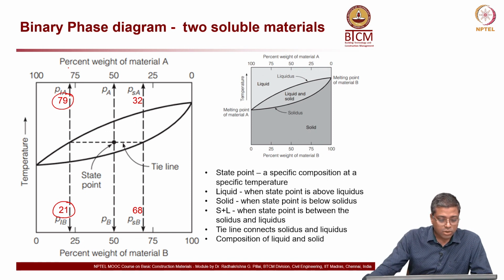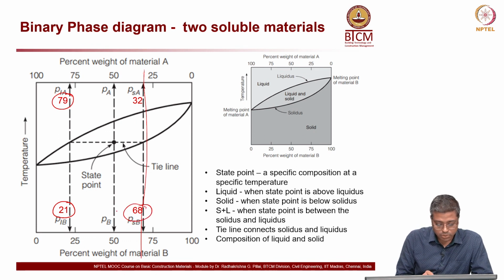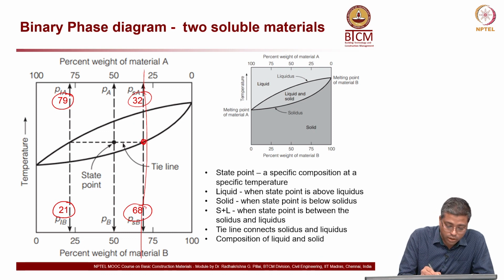Now on the right side here you have another composition which is 68% of B solid and 32% of solid A, and this is happening at this point here.